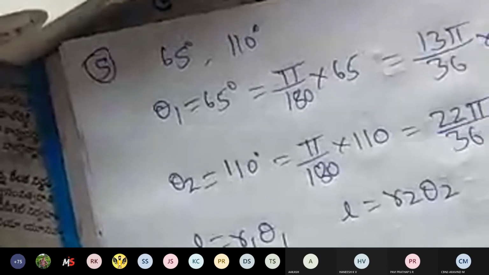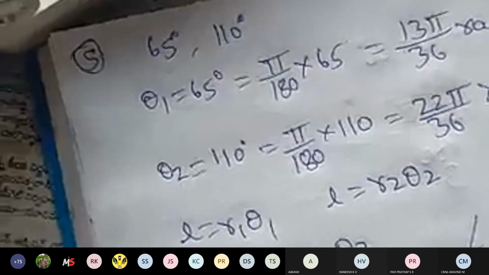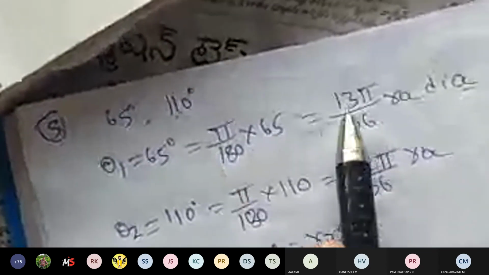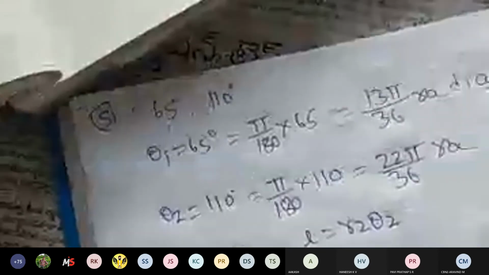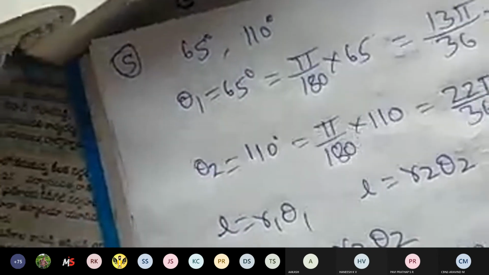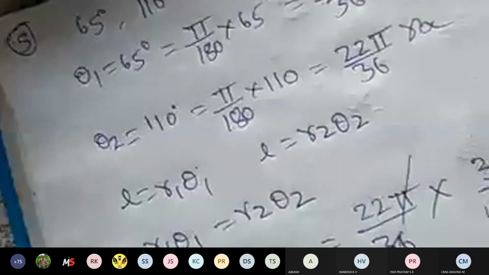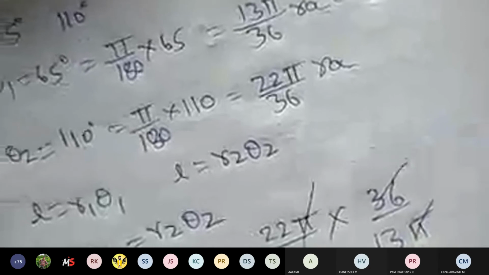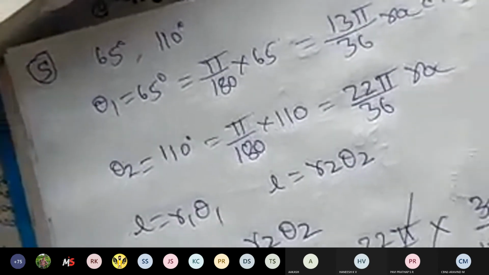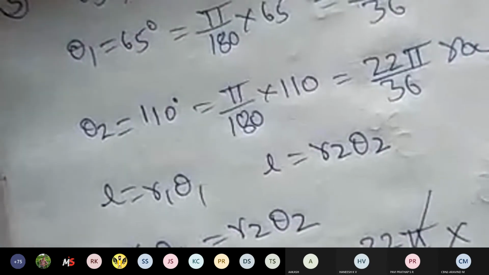The theta 2 value is 22 pi by 36, and the theta 1 value is 13 pi by 36, so it is the reciprocal. So 36 by 13 pi, 36 gets cancelled, pi gets cancelled. So 22 by 13, that is r1 to r2 is 22 is to 13.